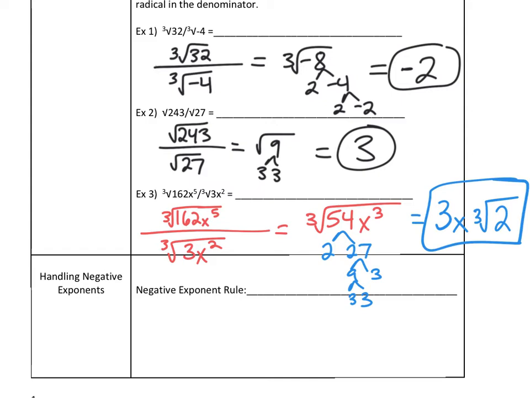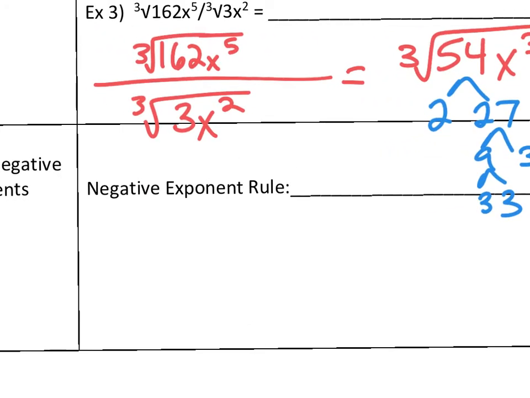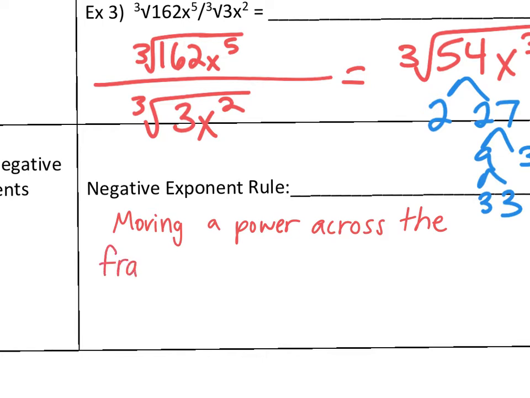Next up, we have handling our negative exponents. So we have a negative exponent rule, and we should know this already. But moving a power across the fraction bar, so from numerator to denominator or from denominator to numerator, changes its sign.